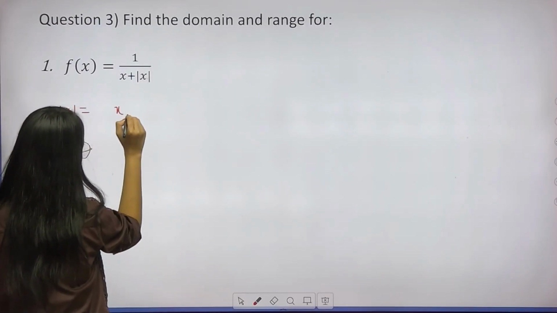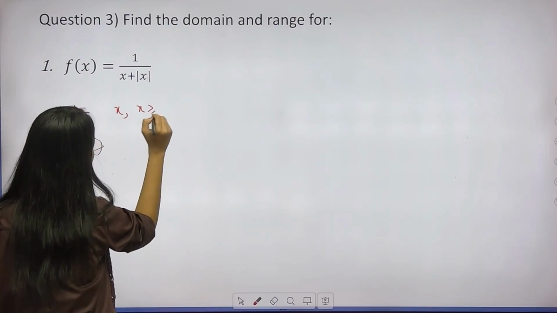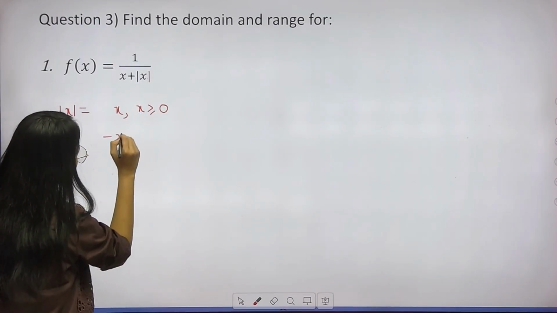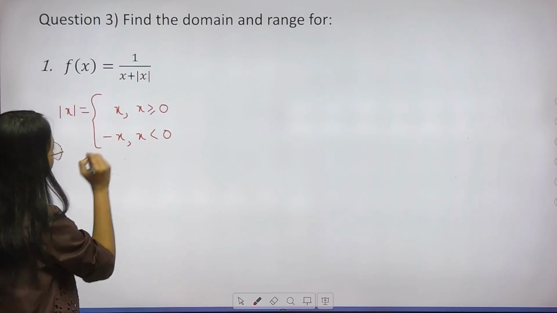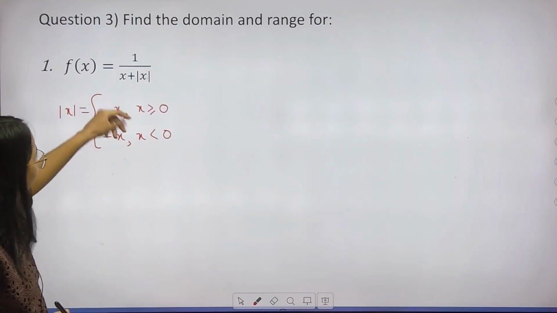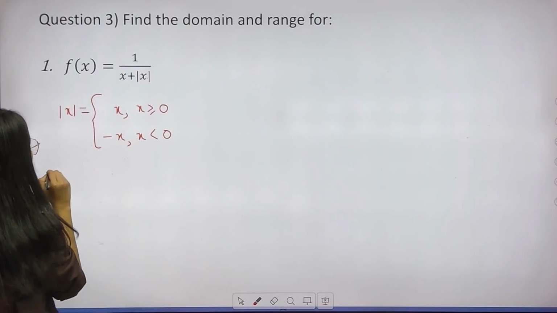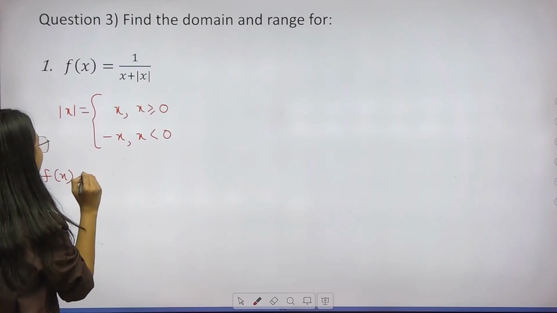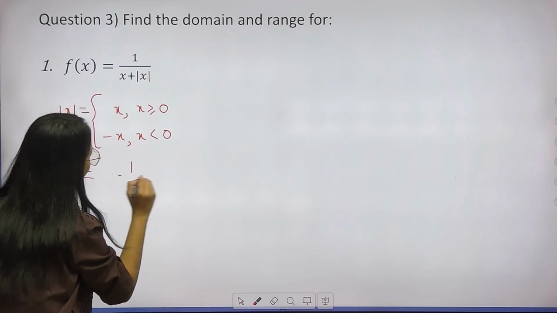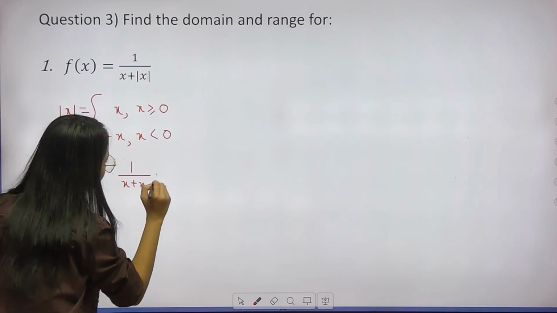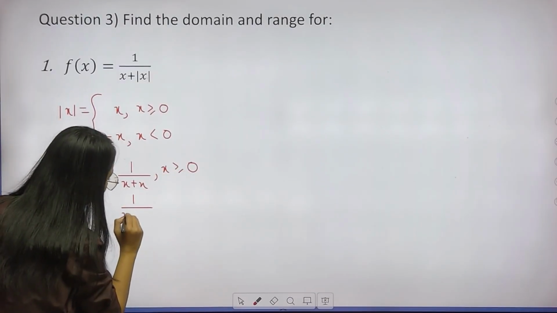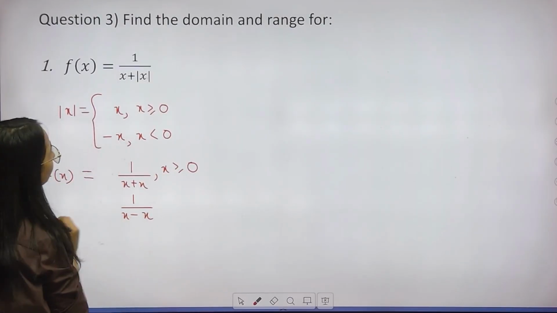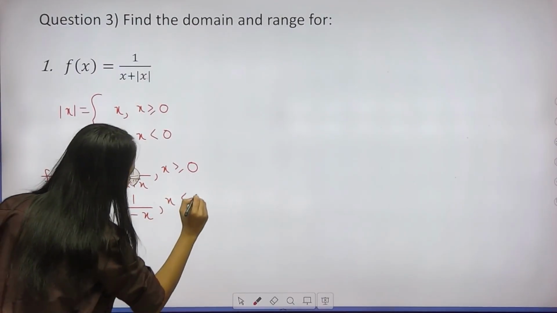Modulus of x is x when x is greater than or equal to 0, and it is minus x when x is less than 0. So let's put those values in this function. f of x becomes 1 over x plus x for x greater than or equal to 0, and 1 over x minus x for x less than 0.